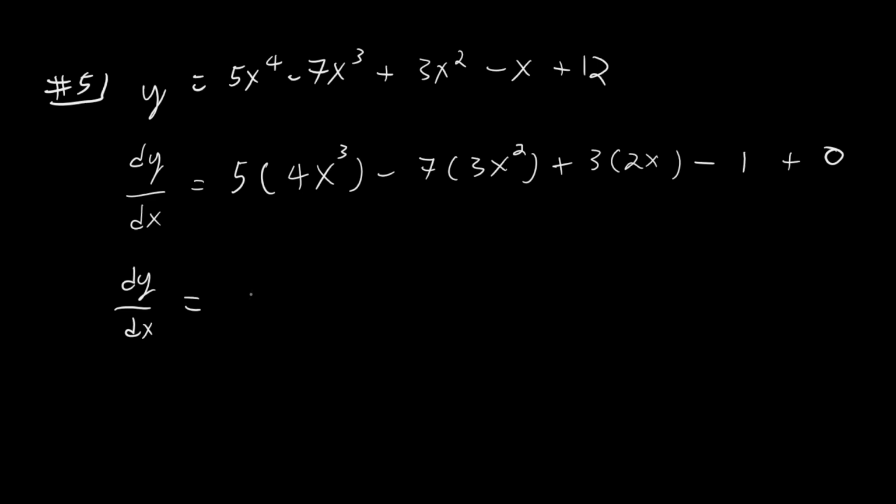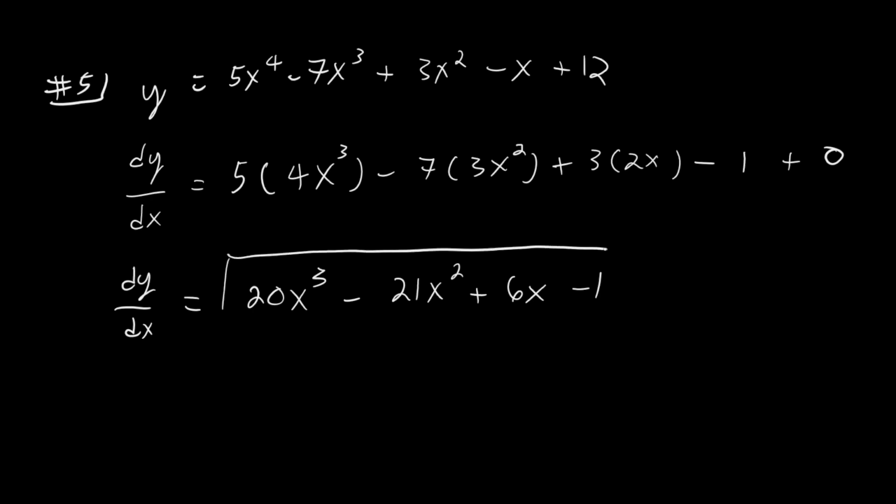Five times 4 we have 20x cubed minus 7 times 3 is 21. Then copy the x squared plus 3 times 2x is 6x, then minus 1. And here we have our final answer.